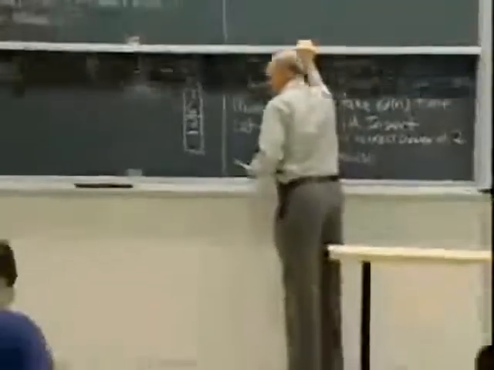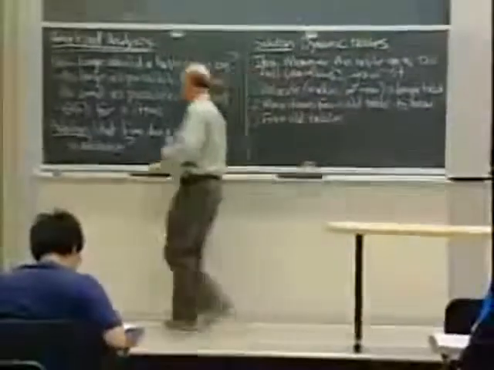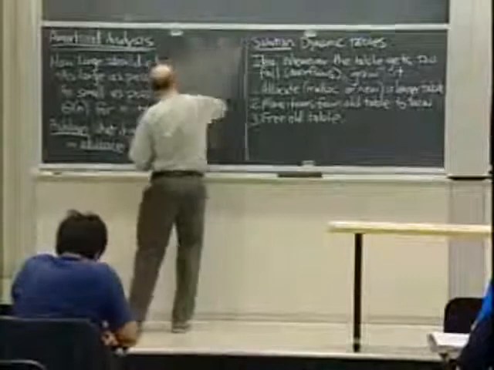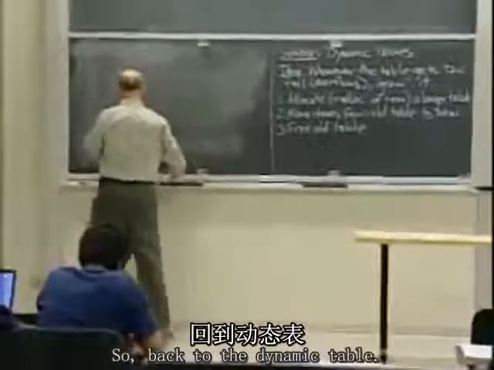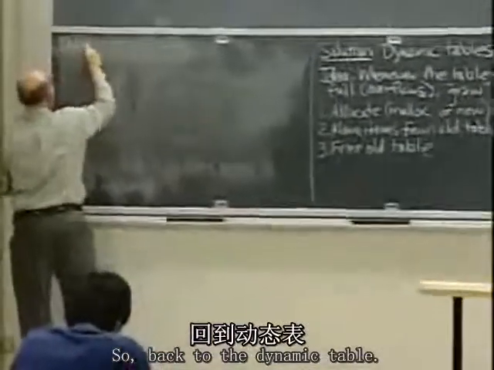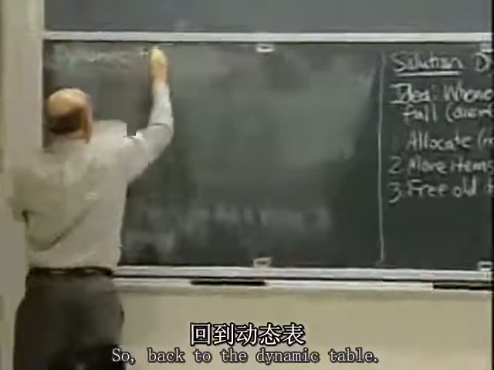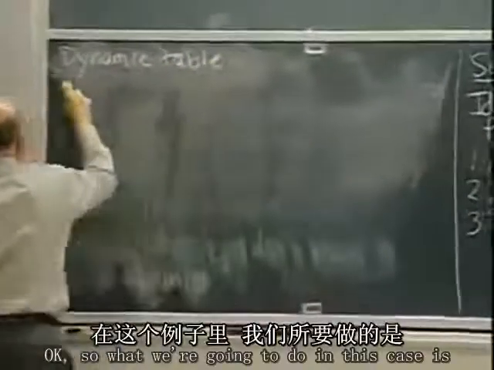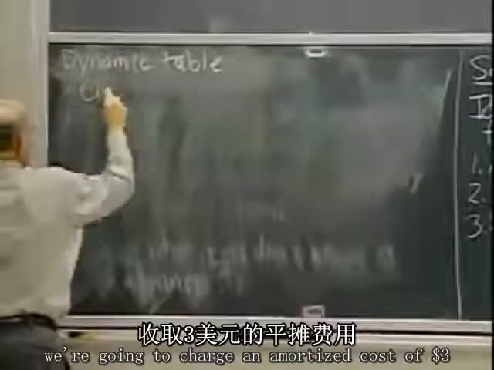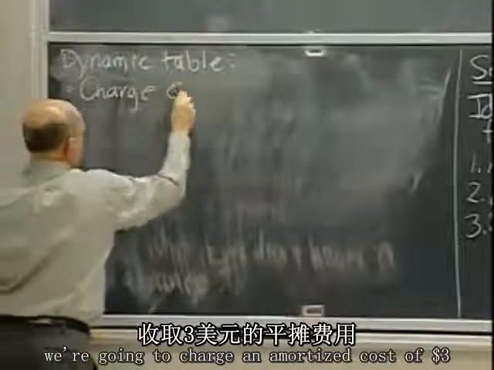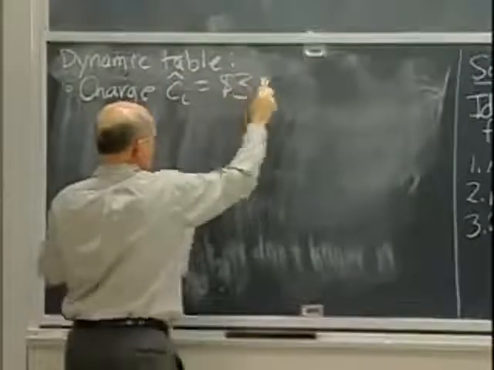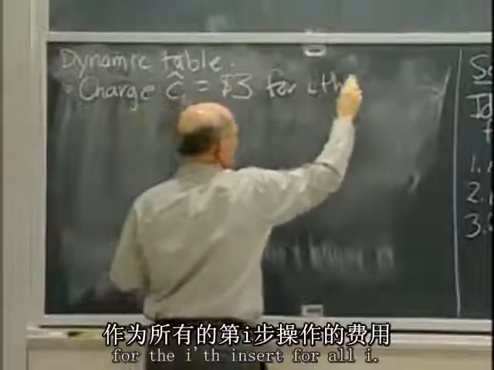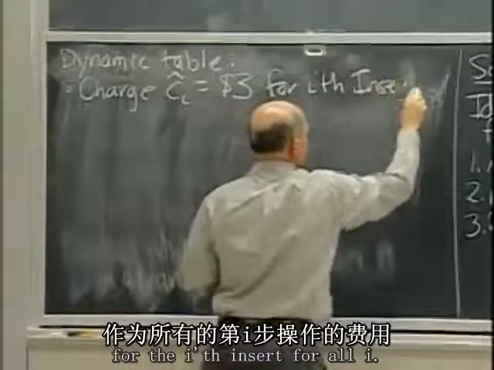Okay. So, back to the dynamic table. What we're going to do in this case is charge an amortized cost of $3 for the ith insert, for all i.